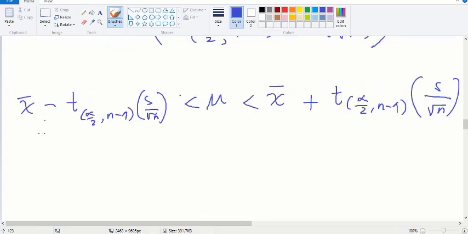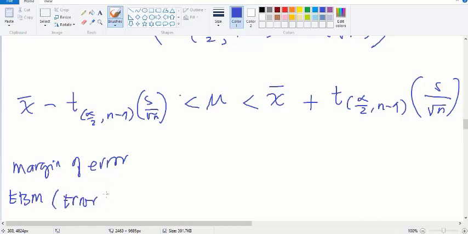Ano yung sinasabi nating margin of error? Margin of error, or in some other textbooks or references, maybe baka nag-search kayo sa internet, it is called the EBM, or error bound for mean. Yun lang naman ang ibig sabihin ng EBM, or that is the margin of error.